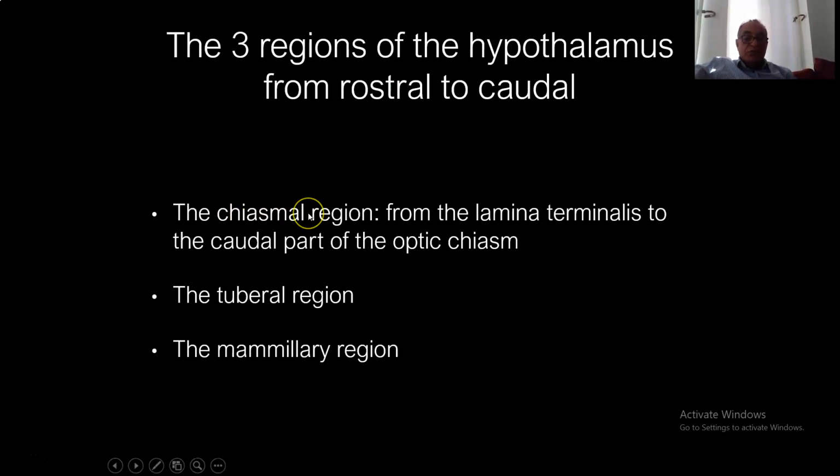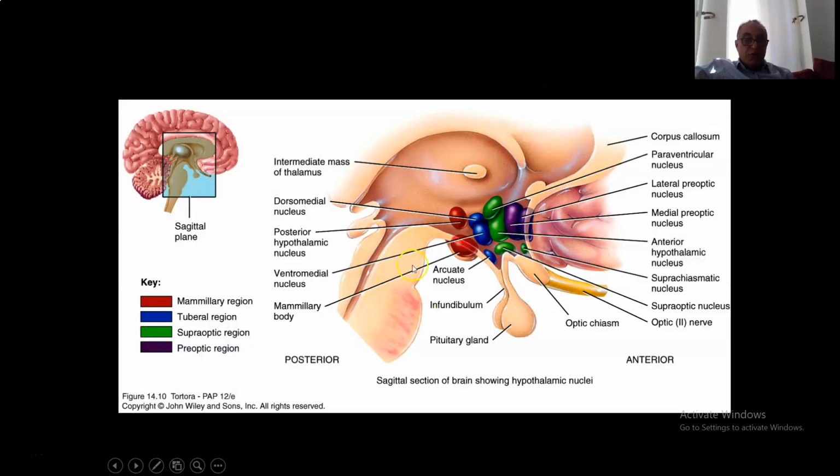If you look to the inferior surface of the hypothalamus, as we said, the inferior boundary, the interpeduncular area, you will find that anterior we have the chiasmal region from the lamina terminalis to the caudal part of the optic chiasm. We have the tuberal region and the mammillary region, as you will see now.